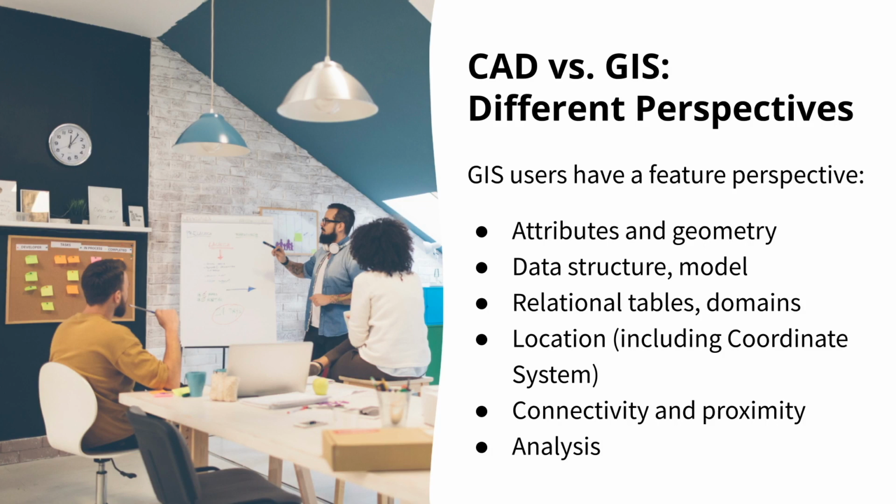GIS people tend to care about data structure, data models, relational tables and domains, coordinate systems. That's a big one. A lot of CAD drawings don't know their coordinate system, and so they end up out in the middle of the Pacific or Atlantic Ocean. Connectivity is also very important in GIS, whether it's to create network models or to create areas from lines.